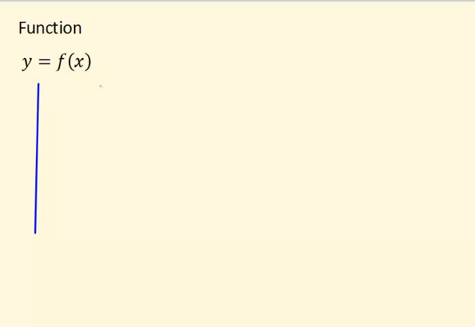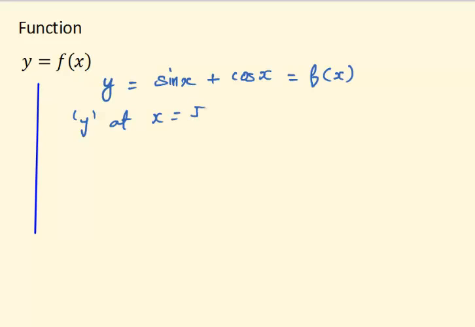Let's take an example of a trigonometric function that we wish to evaluate. Let's suppose we have a function y is equal to sine x plus cos x. Then this is our y as a function of x. Now, if we wish to find y at x is equal to pi by 4 or 45 degree, then this can be written as f of pi by 4.